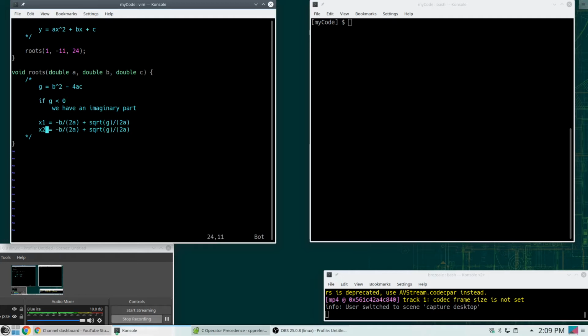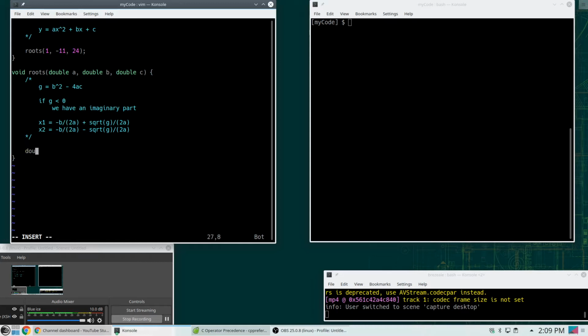And then we see the x2 is equal to that. All right, so it's just a different way of writing the quadratic formula where I separate out the parts, which makes it more suitable for when we get a complex number or something with an imaginary part.